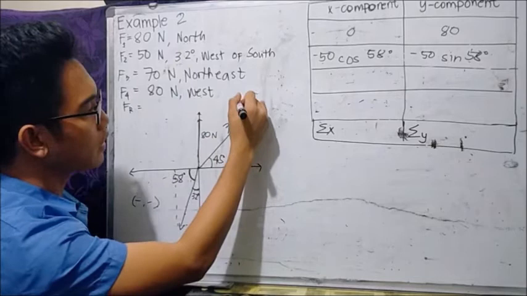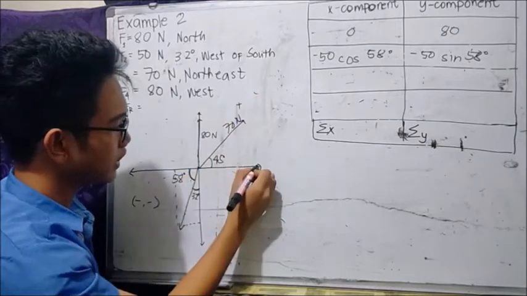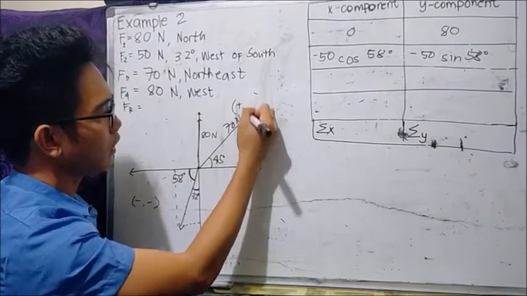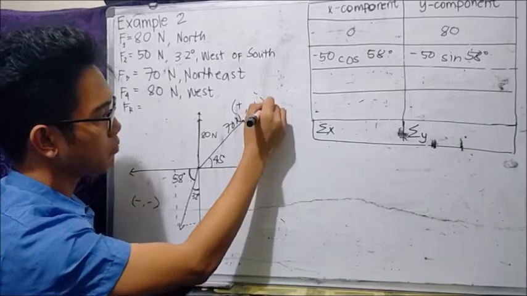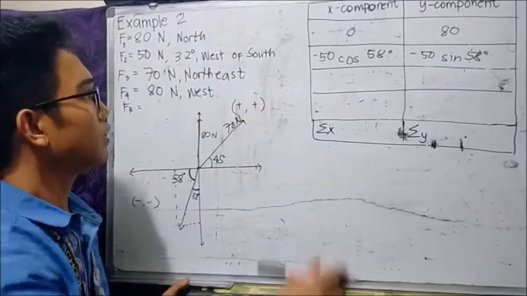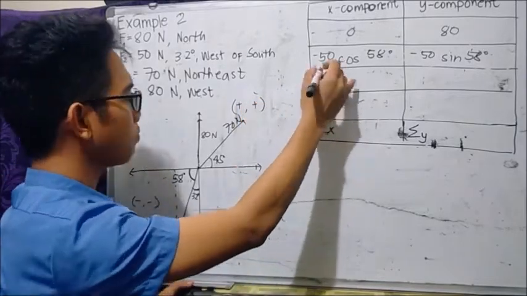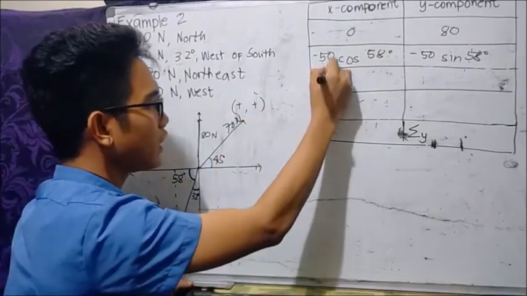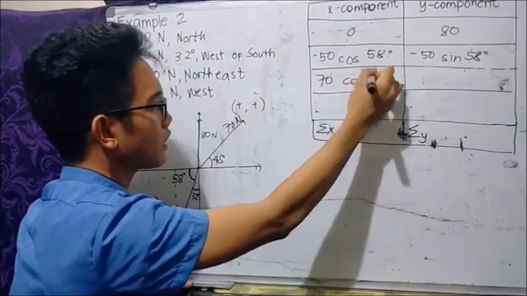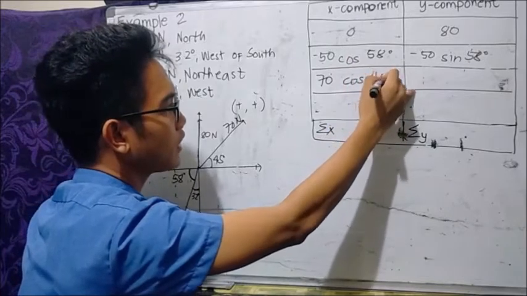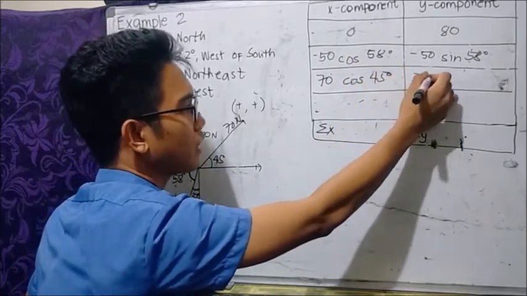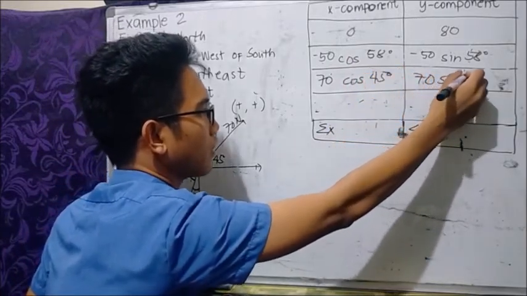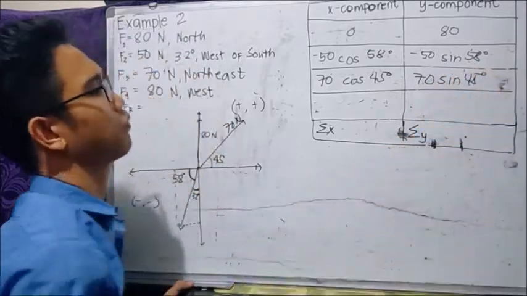The x component here is positive, and the y component is also positive. So writing our x component, we have positive 70 cosine 45 degrees, and the y component is 70 sine 45 degrees.